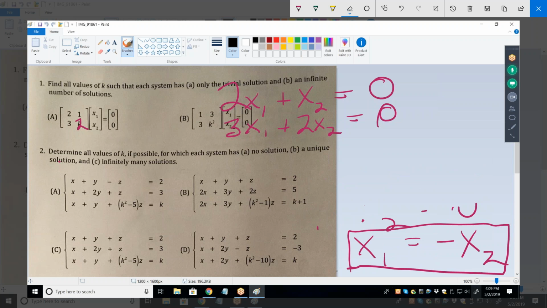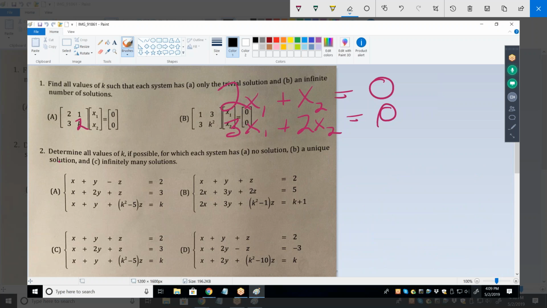Now let's see if that gives us a unique solution. I don't think it does. I can subtract 2 minus 1 to get x sub 1, so x sub 1 is going to be equal to negative x sub 2 in that case, which is what I got before.